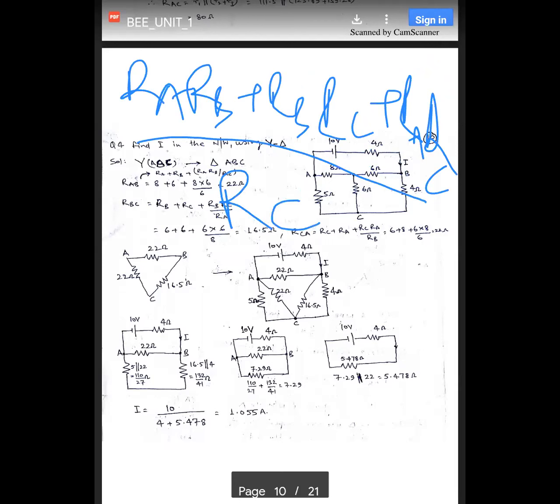If we divide by RC, we get this RAB value.